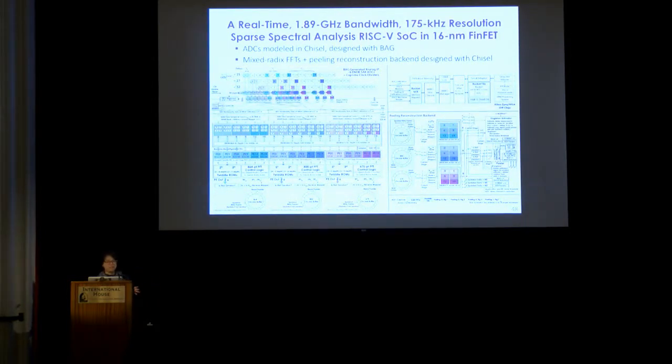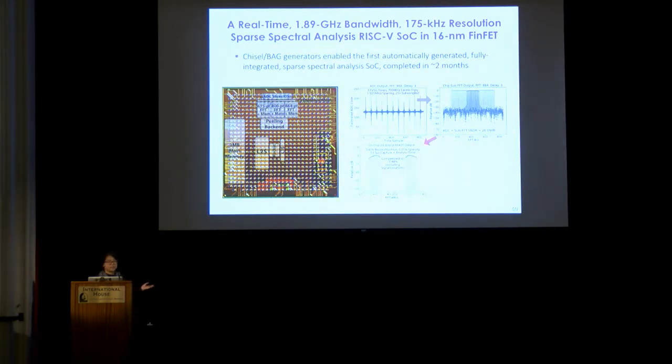And thankfully, the modeling worked. It also included mixed-radix FFTs that came from this generator and a peeling reconstruction backend that was designed in Chisel. So in this case, the Chisel and the BAG generators enabled the first automatically generated, fully integrated sparse spectral analysis SoC, and it was designed in 2 months.